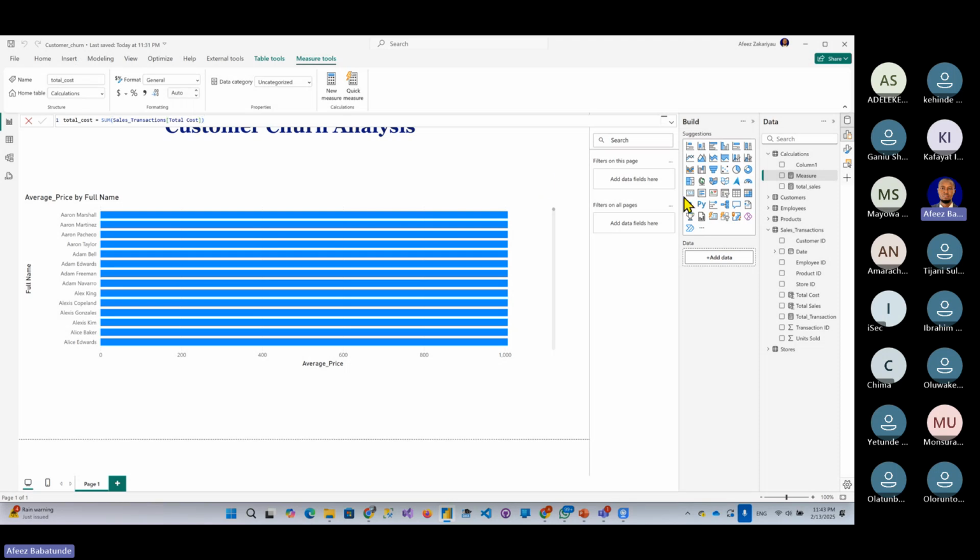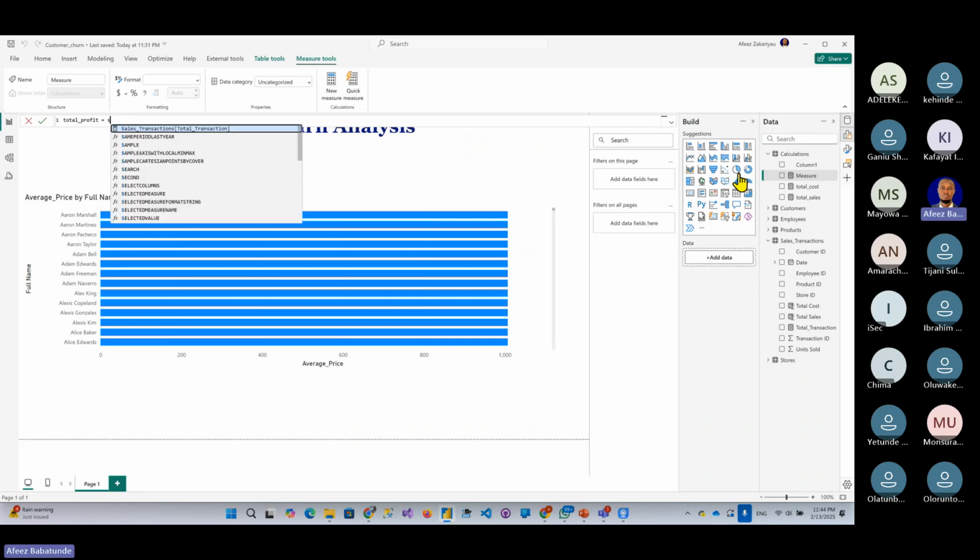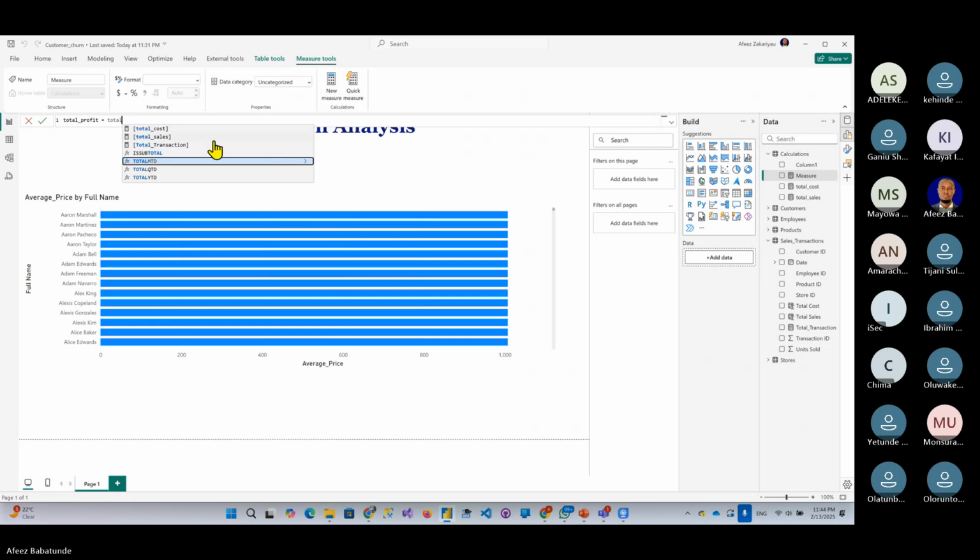So we can get our profit now. Total profit is equals to total sales minus total cost.